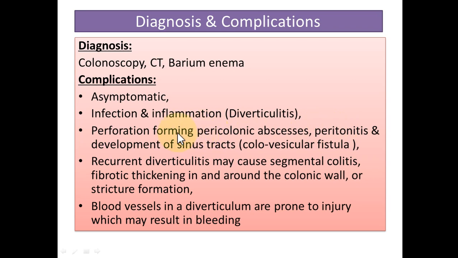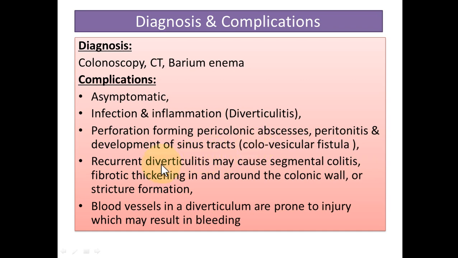And sometimes, the perforation in a diverticulum will make its way into another organ. It may form sinus tracts. For example, if it makes its way into the urinary bladder, it will form a colovesicular fistula. In which case the fecal matter and intestinal contents may be passed in the urine.